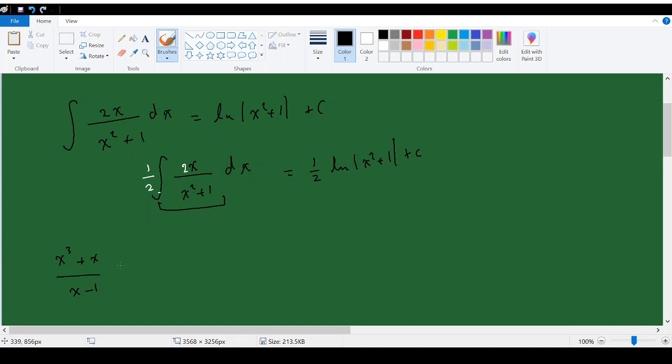The partial fractions and the integration is linked when you have to find integrals of rational functions. Rational functions in the sense something like this format, where you have a polynomial in the numerator and a polynomial in the denominator. So when you are supposed to find the integral of these sort of things, we should go for the partial fractions.